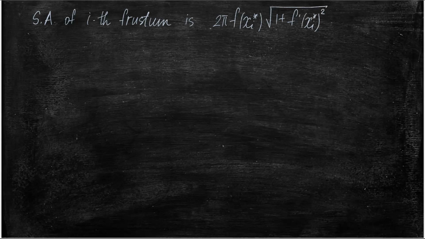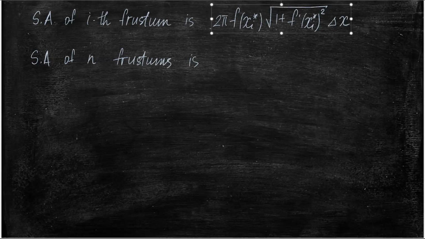The surface area of the ith frustum is, according to our formula, 2 pi f x i star square root 1 plus f prime x i star squared delta x. Therefore, the surface area of n frustums is, so now we're going to add them all together.